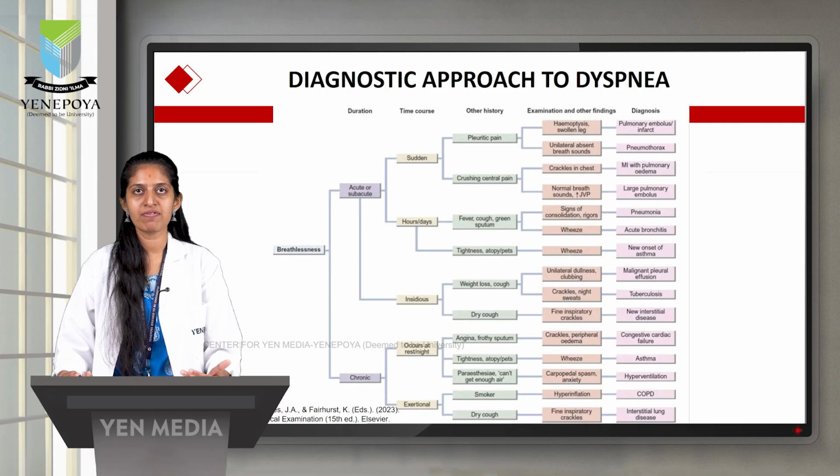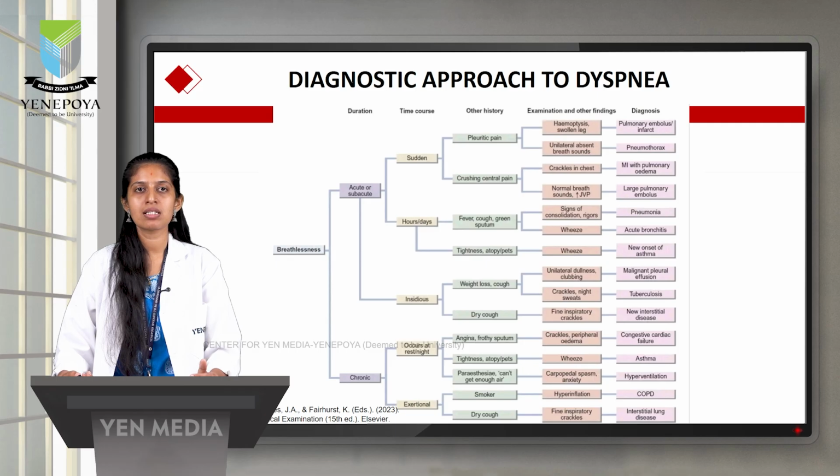Is there any such history, or is the patient having weight loss or dry cough? These questions can be asked. Based on the history collected, with a proper investigation you will know the actual diagnosis behind the patient's breathlessness.